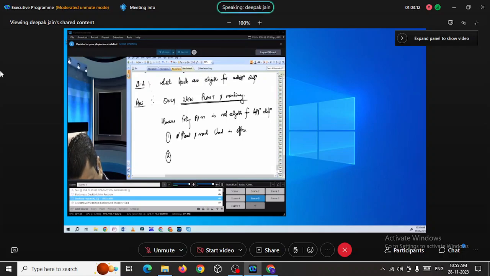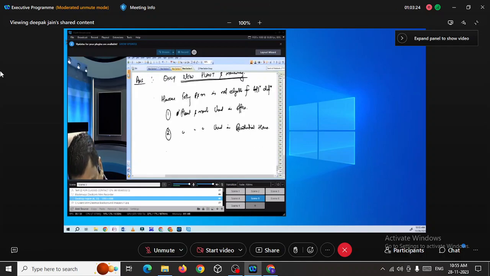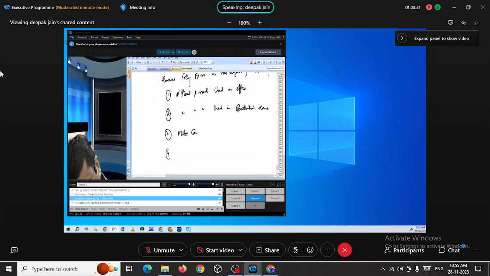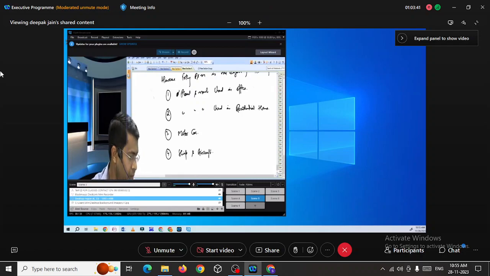Number 2, plant and machinery used in residential house. Number 3, motor car. Number 4th, ships and aircraft. These plant and machinery are not eligible for additional depreciation.